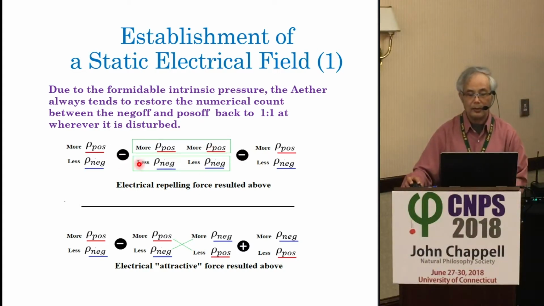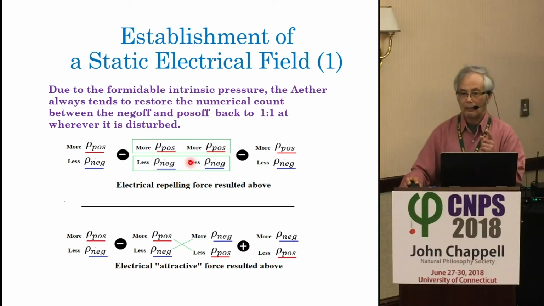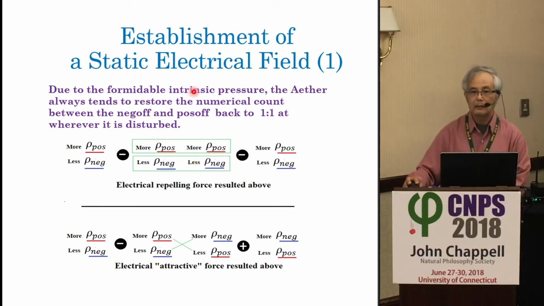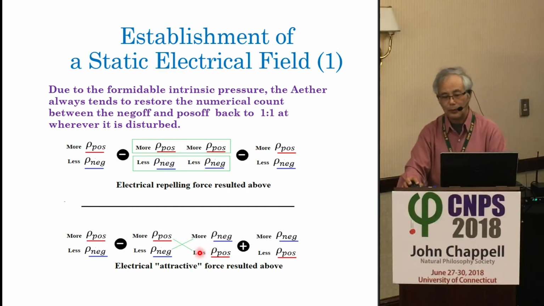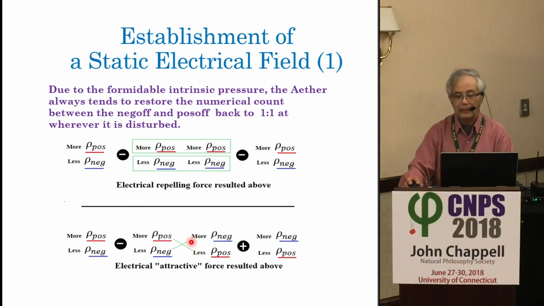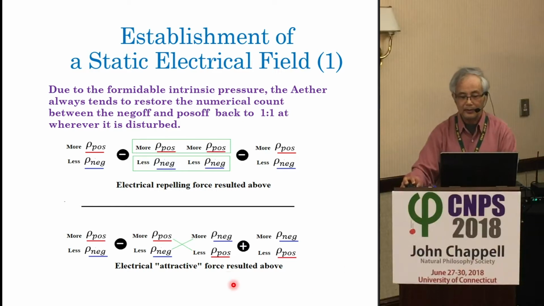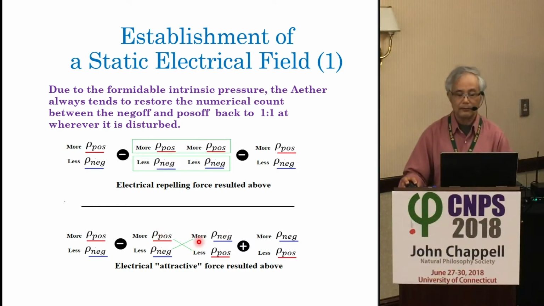The two positive charges push each other away. That's how the electrical repulsive force is established by ether. And over here, that's how the electrical attractive force is established by ether. Again, the attractive force is not a force. It is a push together caused by the density difference between the negative and the positive.